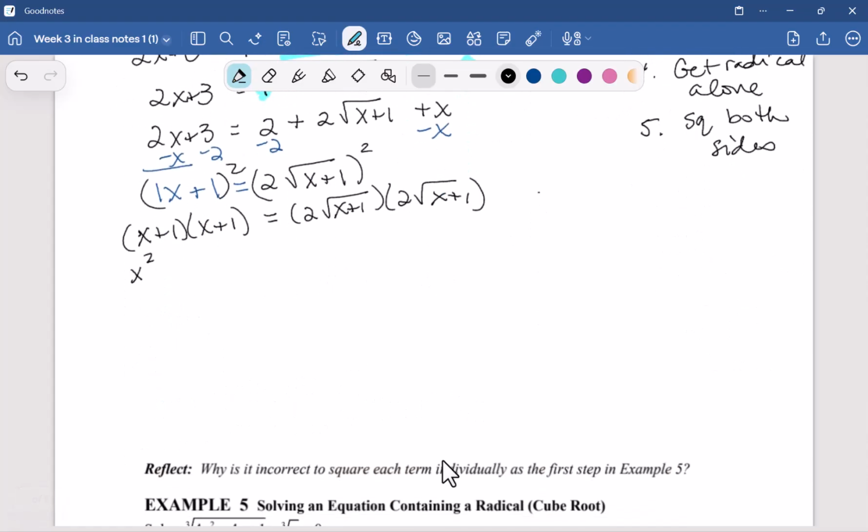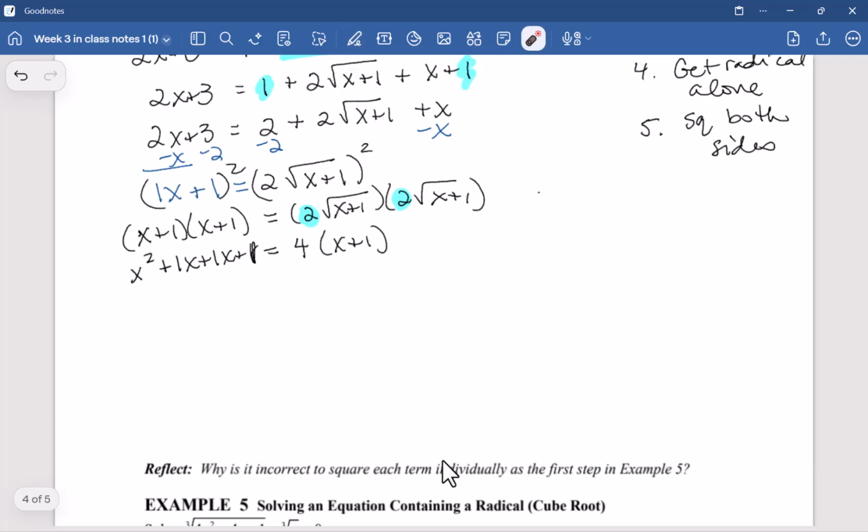So I'm going to FOIL this out. That'll be x squared plus 1x plus 1x plus 1. Oops, that's a 1. Equals, I just multiply on the right. 2 times 2 is 4. And the square root of x plus 1 times the square root of x plus 1 is just x plus 1. So what I could have done is I could have just distributed my 2. 2 squared is 4.